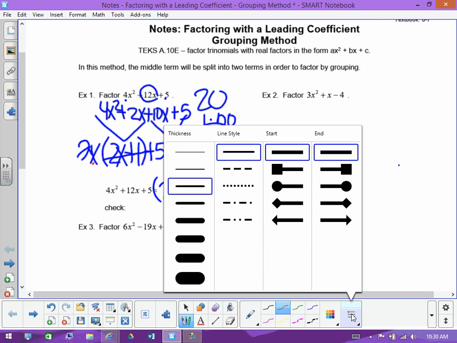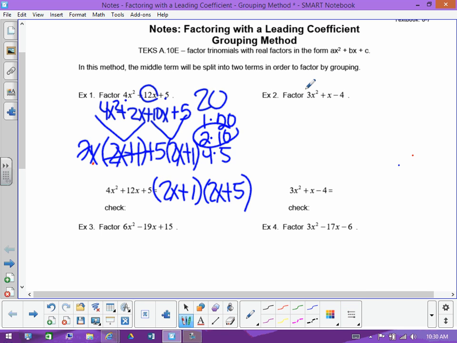Okay, example number 2. What's 3 times negative 4? Negative 12, right? Okay, so tell me what multiplies to give me negative 12. 4 times negative 3, 2 times 6, 1 times 12. What are we trying to get in the middle? 1x, okay?